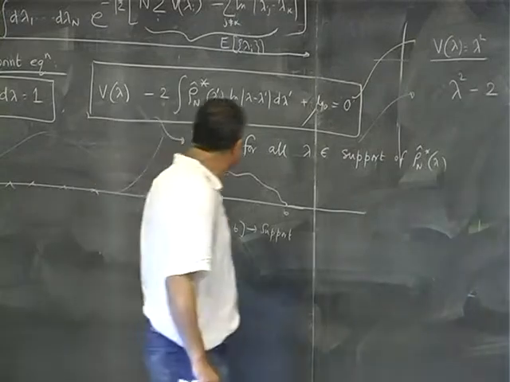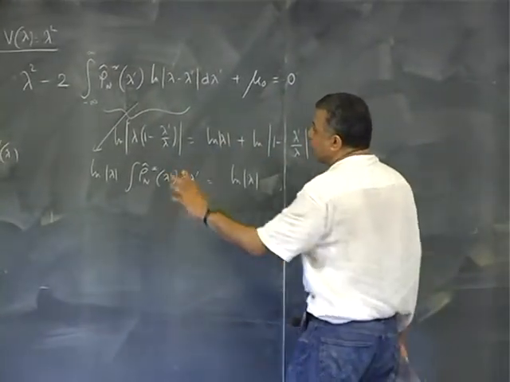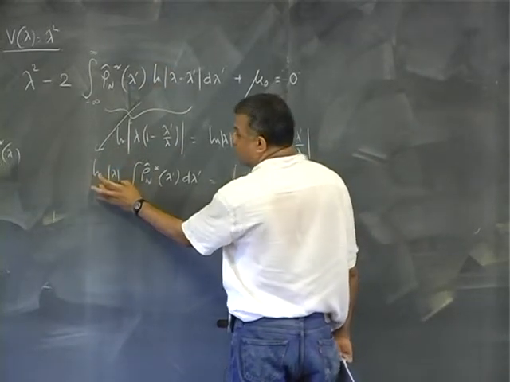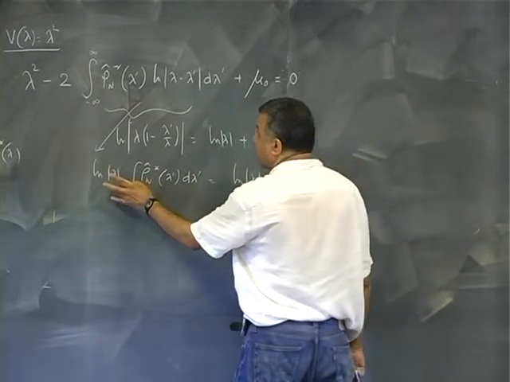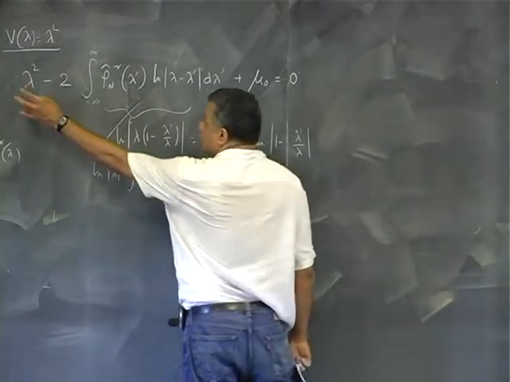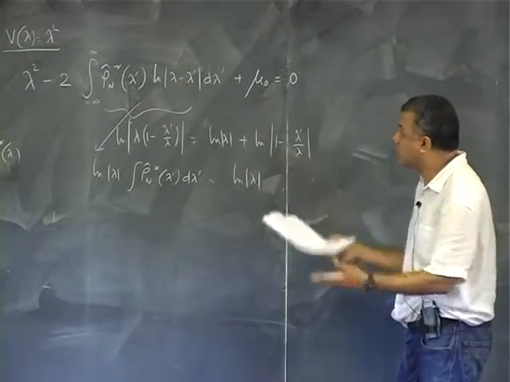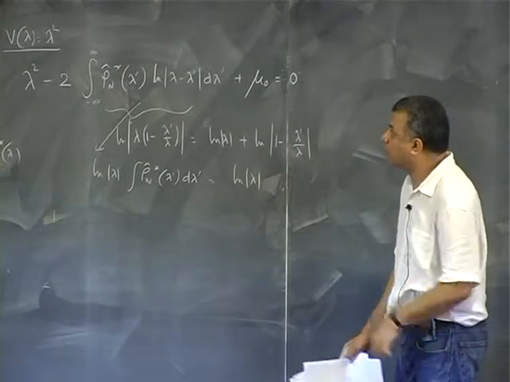So if your support was the whole real line, minus infinity to plus infinity, you are in trouble, because the second term behaves like log of modulus lambda for large lambda, while this term goes like lambda square, and this one is a constant. You will never be able to match them, so there is no solution with infinite support.